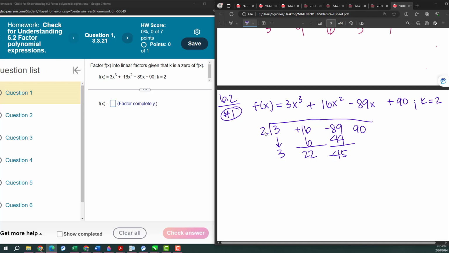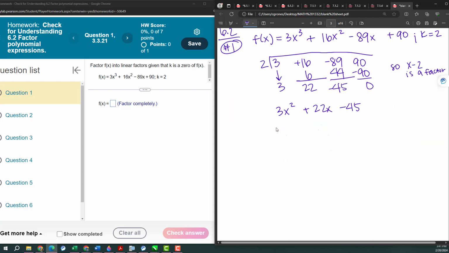And then negative 45 times 2 gives us negative 90. Okay, so x minus 2 is a factor. So I'm left with 3x squared plus 22x minus 45.